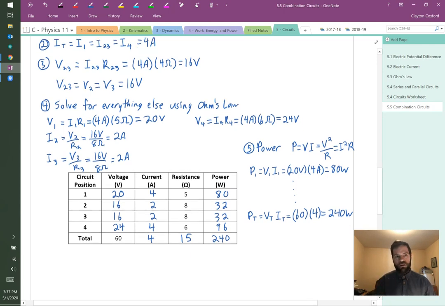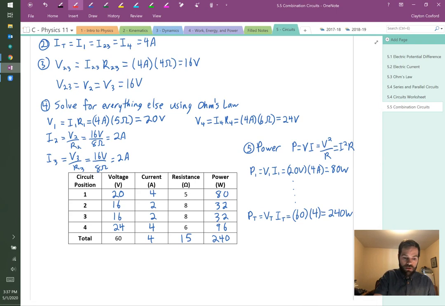And here is a double check to see if you've done everything correctly. However much power is produced by the battery should be consumed by all of the circuit elements. Whether they're in series or parallel, it doesn't really matter, as long as it's conservation of energy. However much energy is being produced should be consumed.